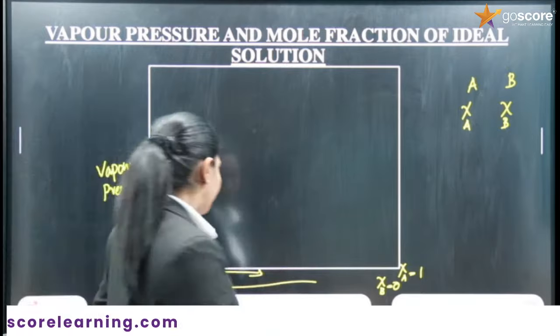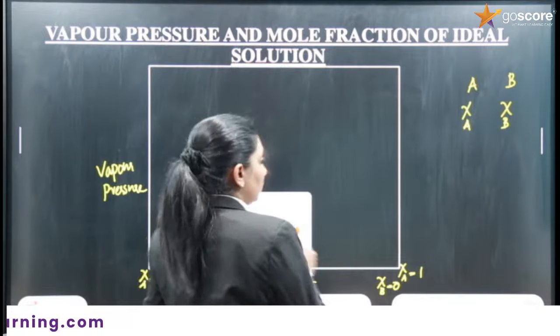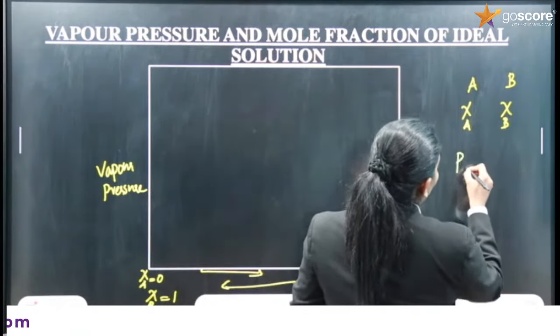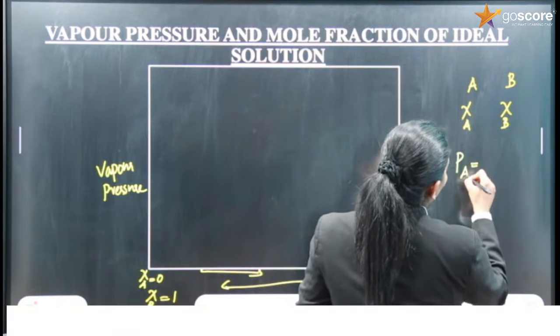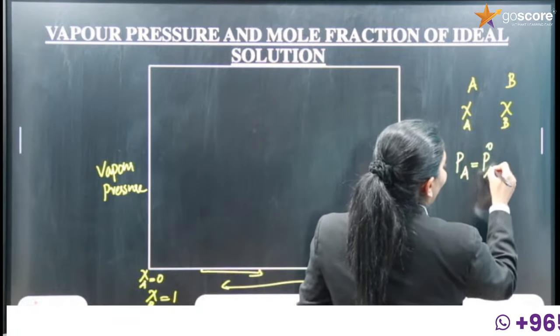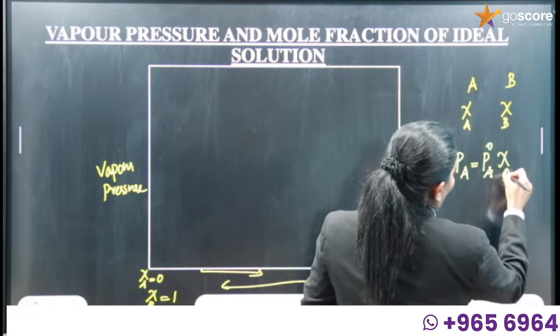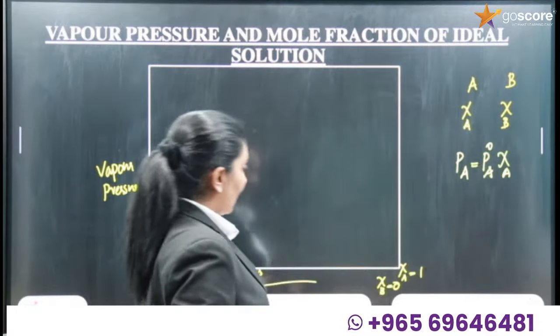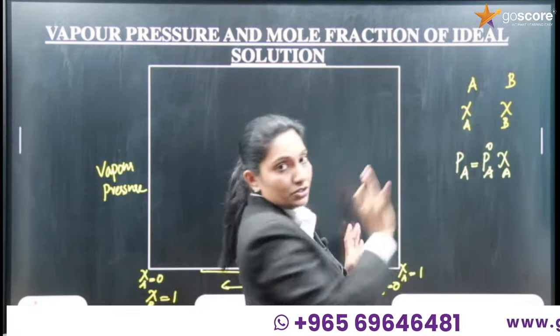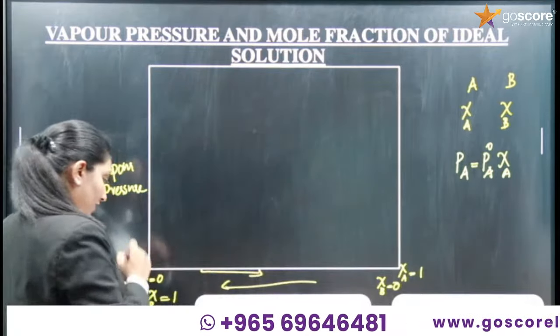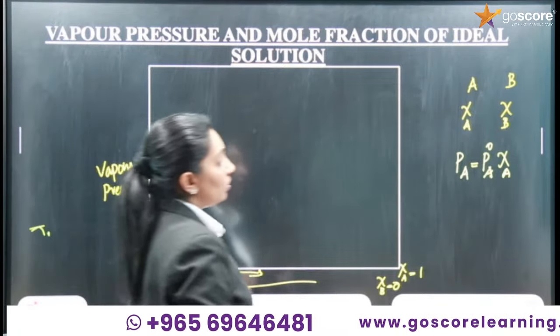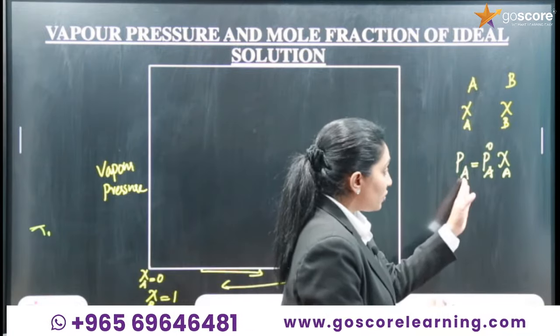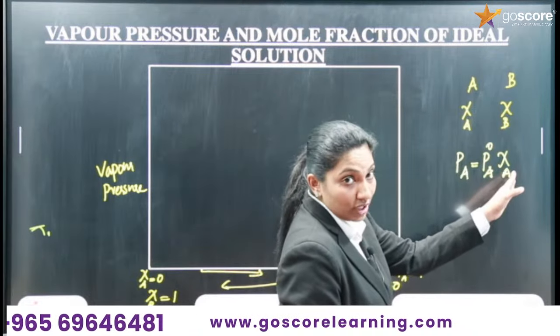According to Raoult's law, what we learned? PA is equal to P naught A into chi A, right? Whenever this chi A value is 0, there is no pressure, so it will be 0. For the first component, it will be 0 since the vapor pressure is directly proportional to mole fraction.